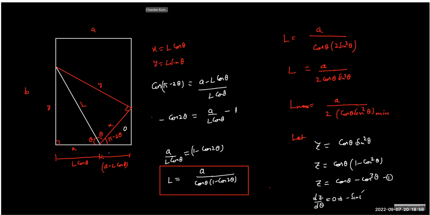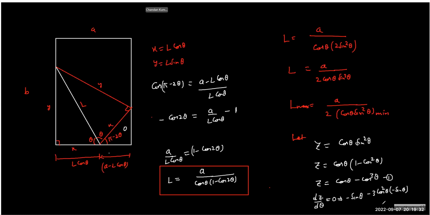Cos gives minus sin θ, minus 3 cos² θ into minus sin θ. So you can take common. This is the value you are going to get.